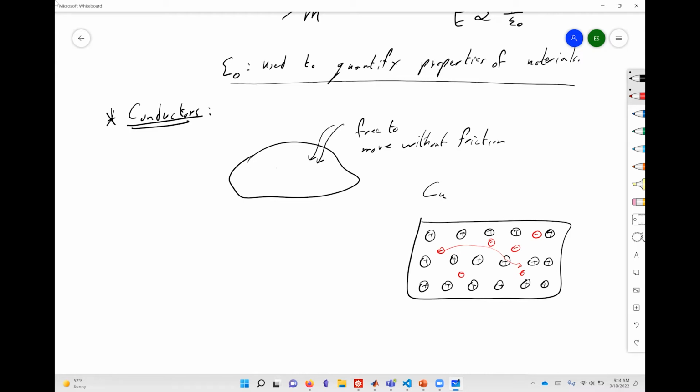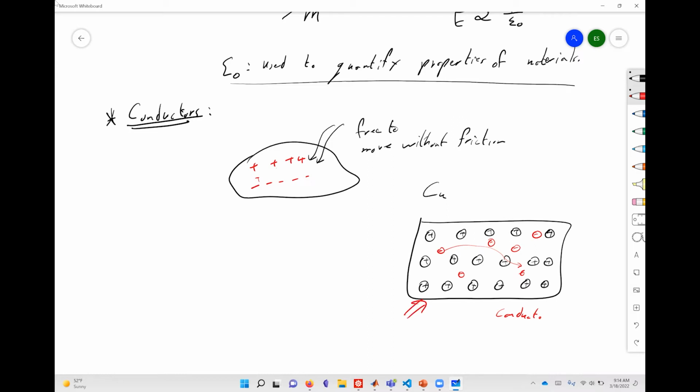So this kind of material is called a conductor, and it has interesting properties. If everything is neutral and the number of positive and negative charges is equal, nothing happens. It's just a soup of free moving charges. Forget about this molecular model. Assume that we were not aware of the atomic model. Assume that, as far as we're concerned, a conductor is a sea of positive and negative charges, and they're free to move.